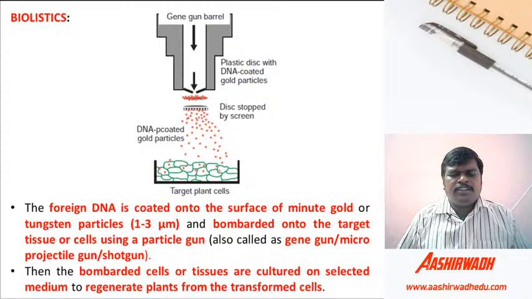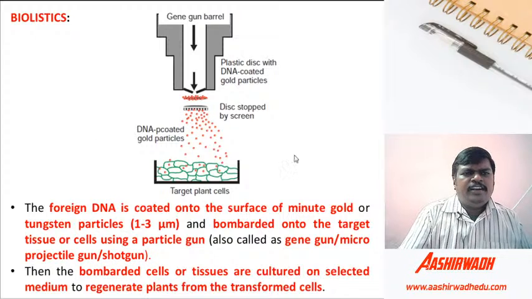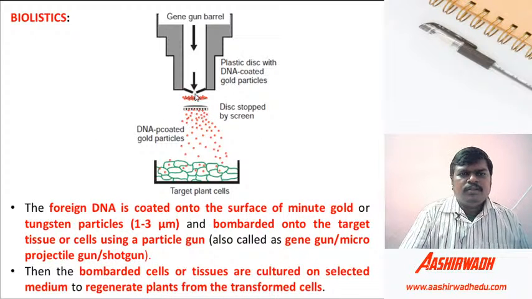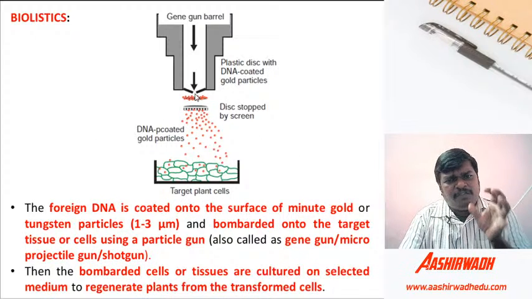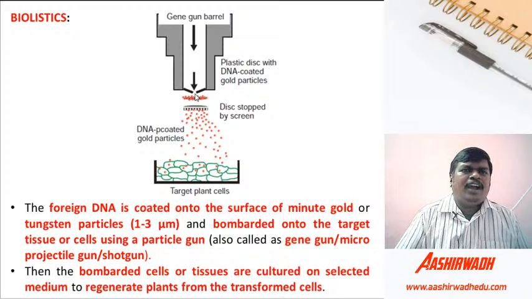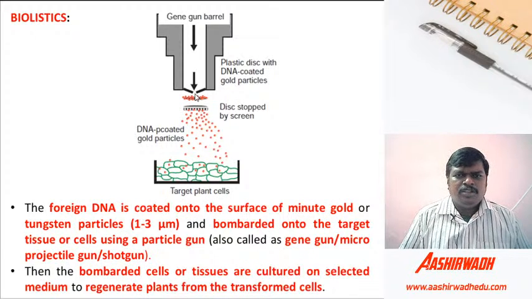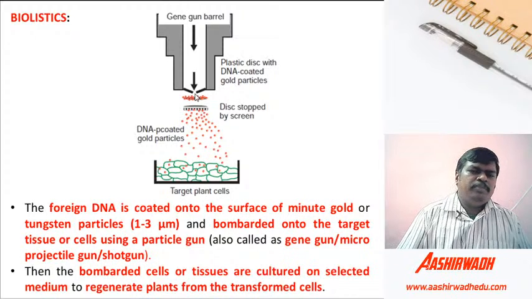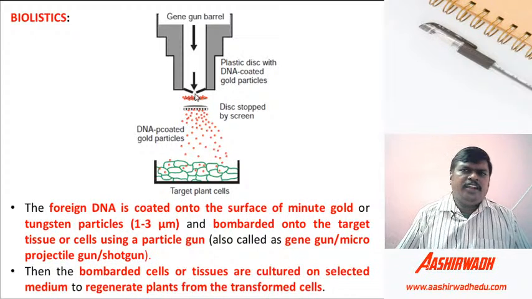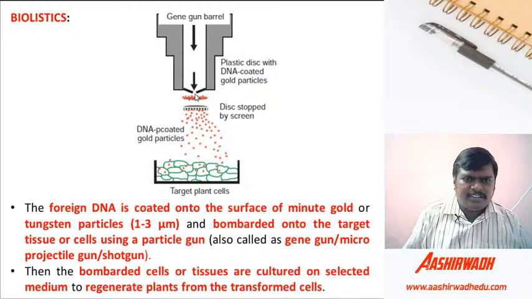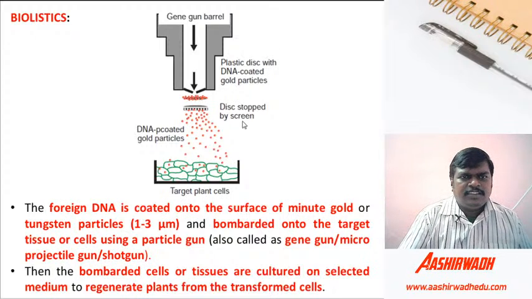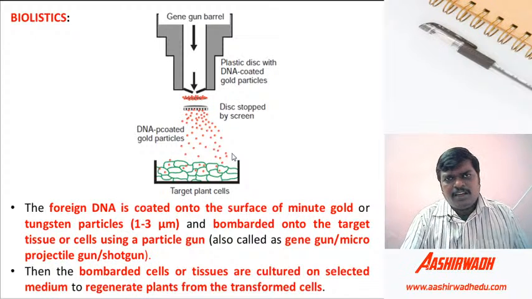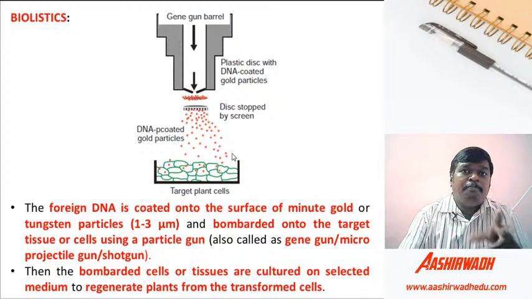In the gene gun method, the foreign DNA is coated on the surface of minute gold or tungsten particles, like 1 to 3 micrometer, and that will be bombarded into the target cells. This is actually like shooting with the help of a piston.